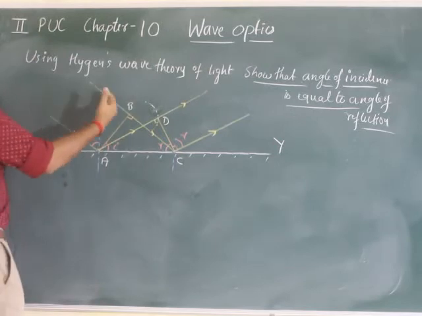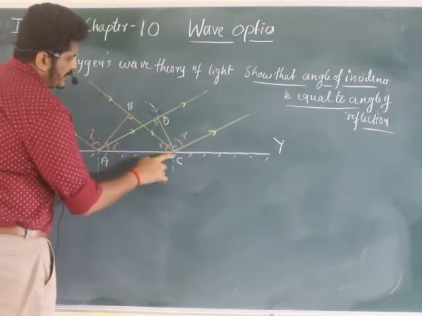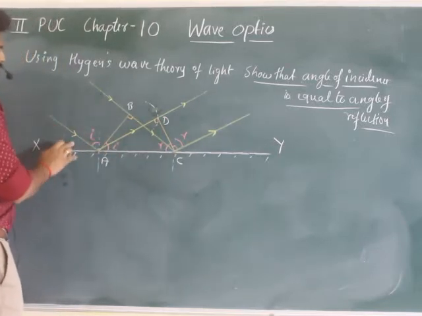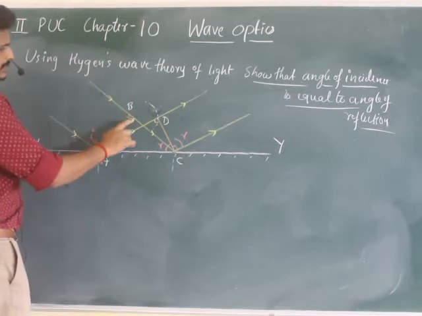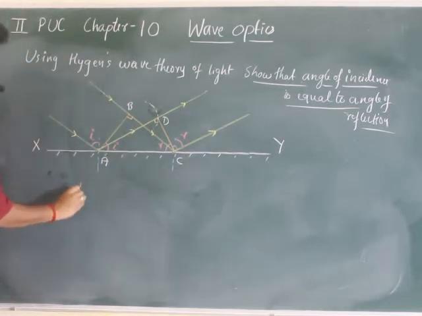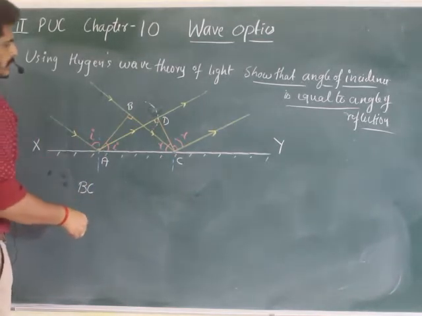The one more ray which was there parallel to this also undergoes reflection at point C. Now compared to the first ray, the second ray has to travel a slightly extra distance, that is BC, correct? Extra distance BC it has traveled.